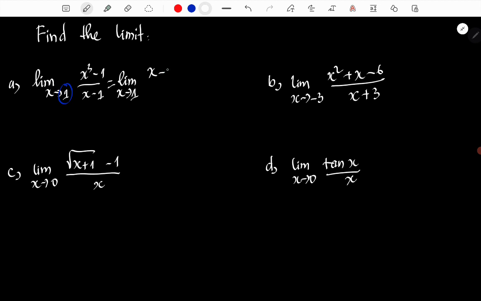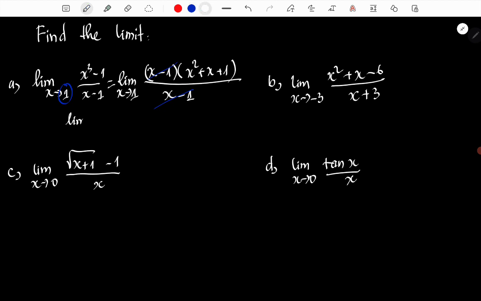So in the numerator, we can write it like this: x cubed minus 1, right? And then just divided by x minus 1. So we can simply cross out the x minus 1 right here.